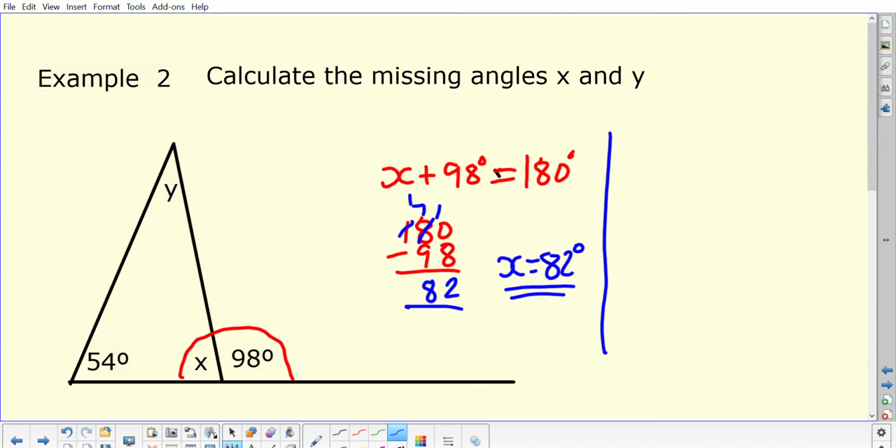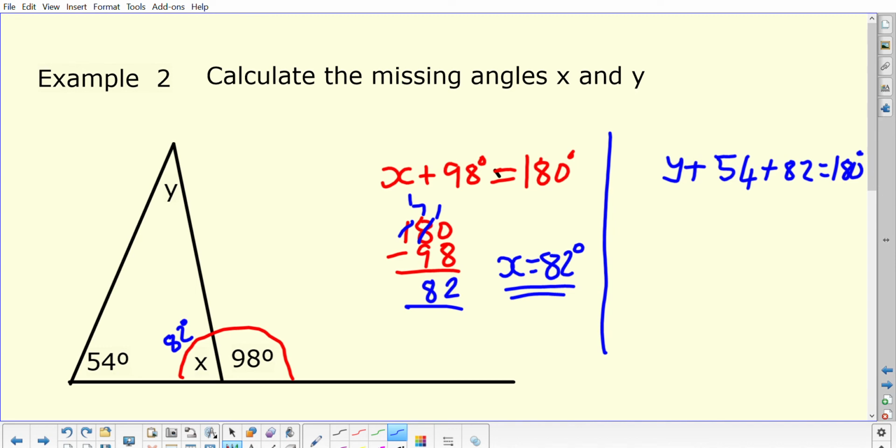Once you've worked out what angle X is, we now can put that into our diagram. We can then see in that triangle that we've got angle Y plus the 54 plus the 82 that we've just worked out, and all together they come to 180 degrees.